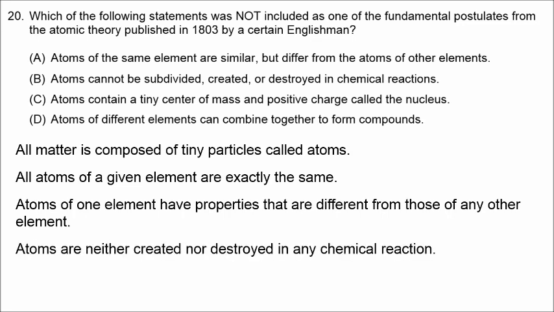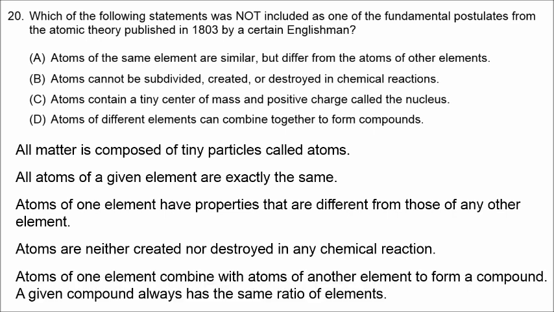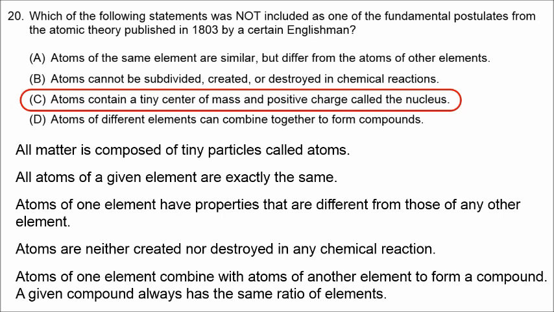Atoms are neither created nor destroyed in any chemical reaction, and that atoms of one element will combine with atoms of another element to form a compound in small, simple ratios. So for example, H2O. So based on these 5 postulates, he did not say that an atom contains a nucleus. That was discovered later.